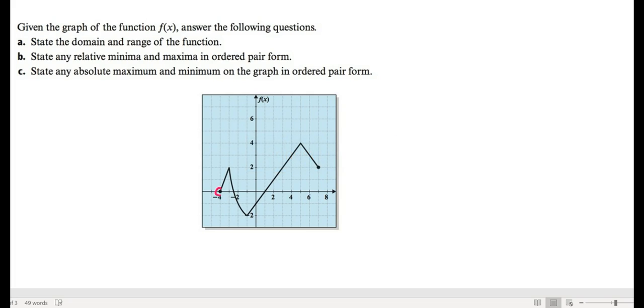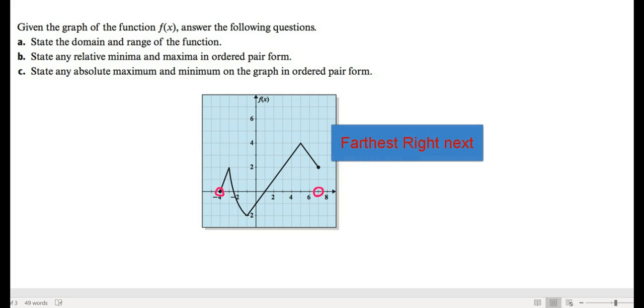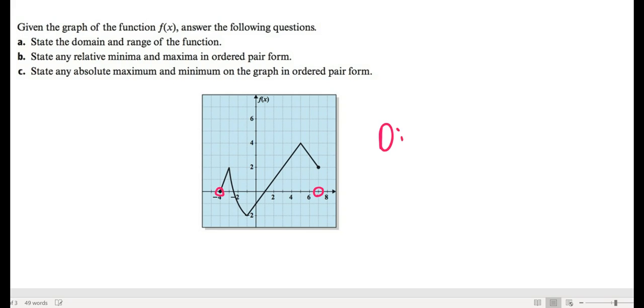Right here, right? And what's the farthest right we can go? All the way over here, right? So our domain would be -4 to 7. Now, we're going to use brackets because both those ends are closed circles.